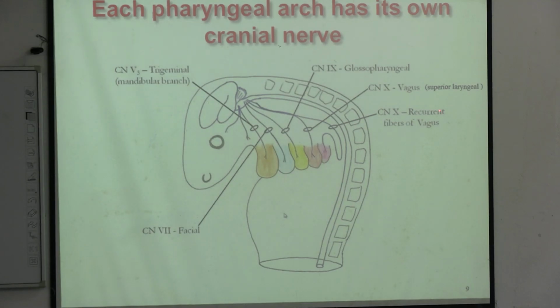Arch number 4 and this 6 together are coming from 2 branches of vagus nerve. Recurrent laryngeal nerve coming from below, and another branch we call a superior laryngeal nerve. So they are branches of vagus nerve together. So superior laryngeal nerve and this recurrent laryngeal nerve going to supply the muscles which are coming from arch number 4 and arch number 6. So this is what you have to know.